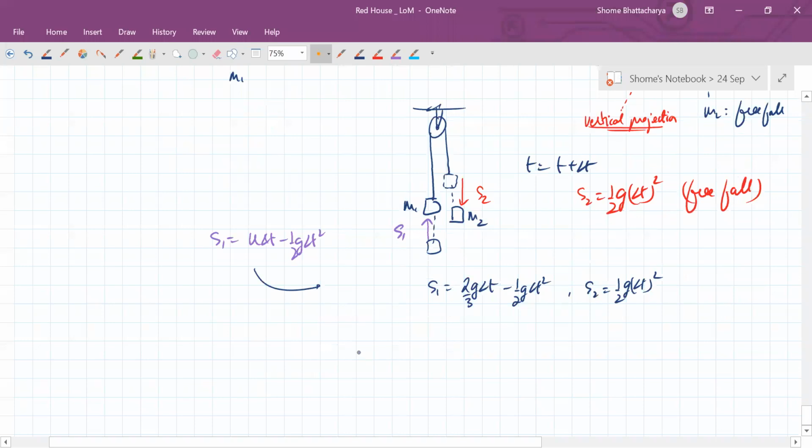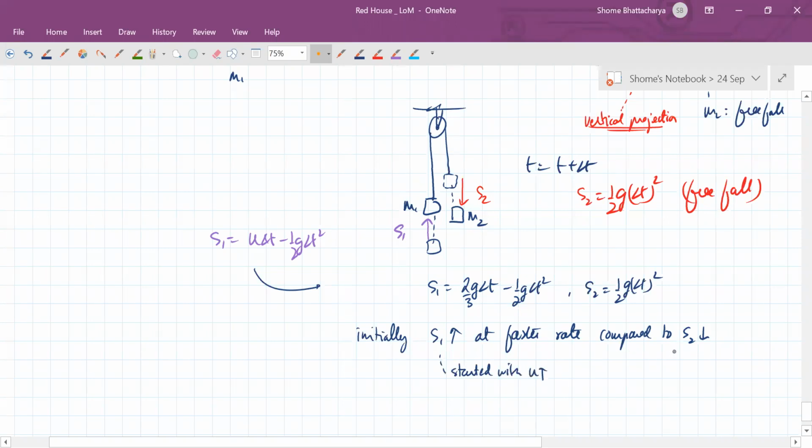Okay, so what is happening is that initially s1 is increasing at a faster rate compared to s2 coming down. Why? Because this started with the initial velocity upward, but this started from rest.